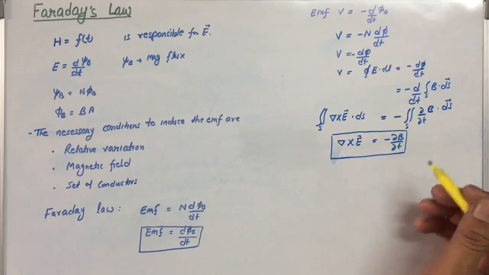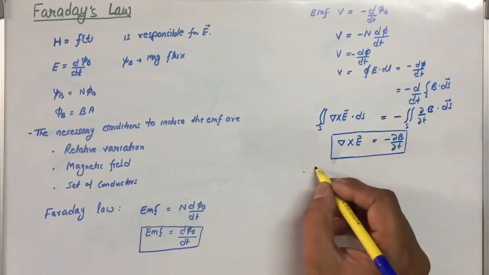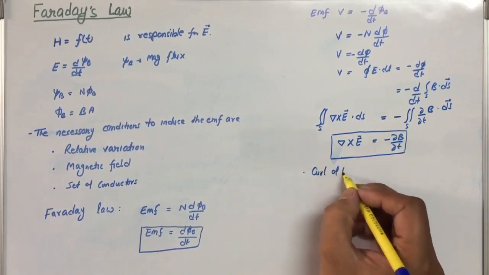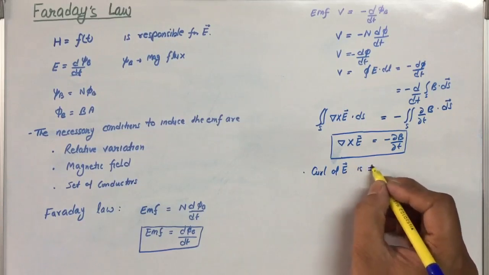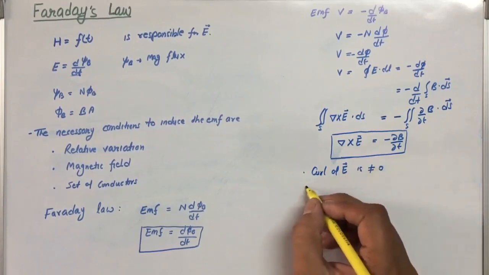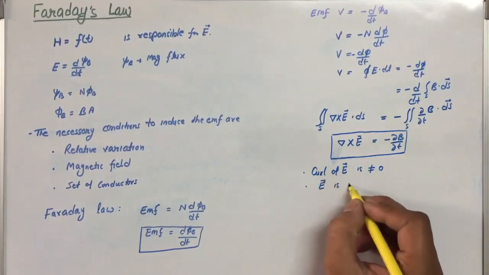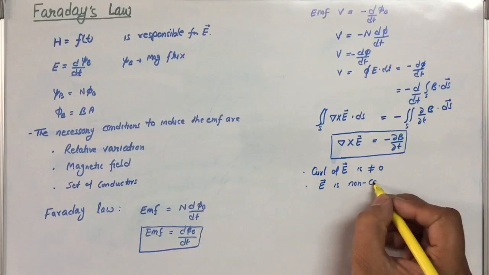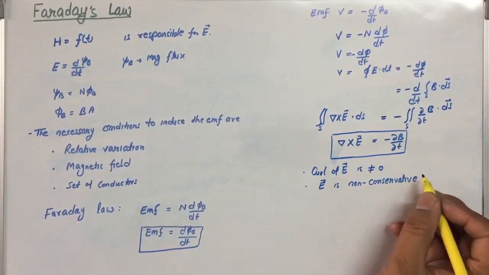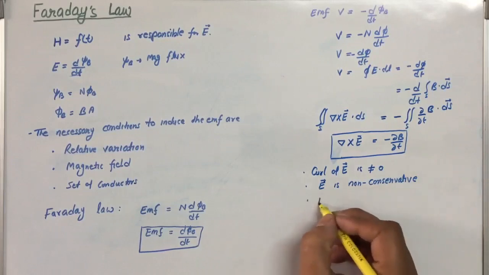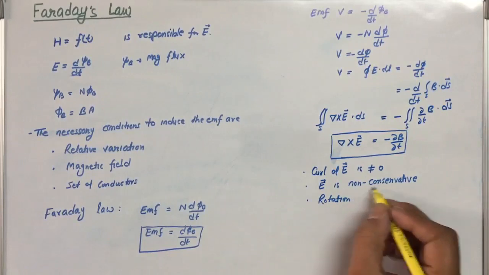So from here we can write one sentence related to this: curl of E is non-zero, and it means E is non-conservative and it is rotational due to its non-conservative nature.